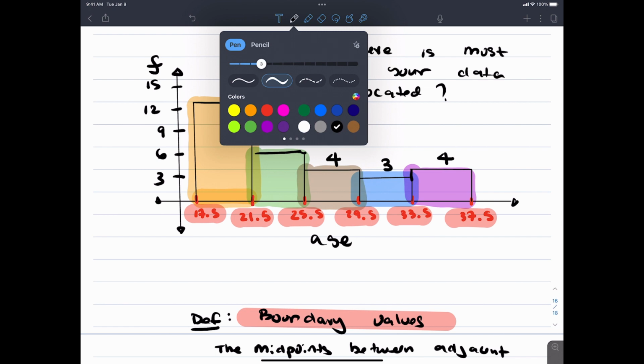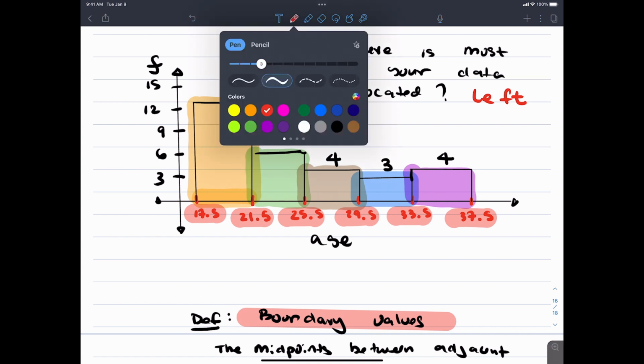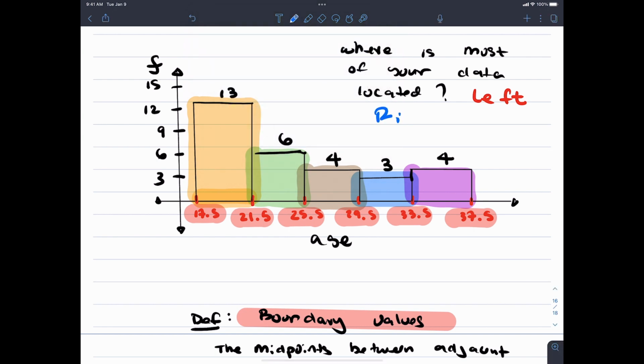So in some simple way, most of the data is where? On the left. Would you guys agree with that? On the left side, you guys hear what I'm saying? You know what we say though formally? When most of your data is on the left, we say that the data is actually, it's the opposite. It's right skewed.